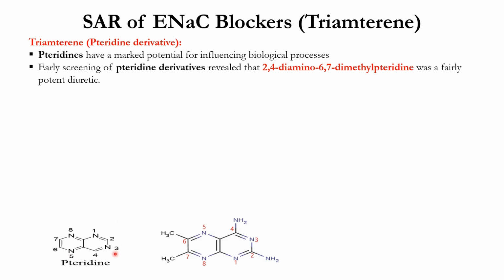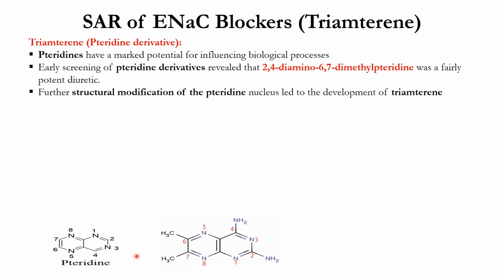Before obtaining triamterene, the molecule 2,4-diamino-6,7-dimethyl pteridine was made, and this molecule has a fairly potent diuretic activity. Further structural modifications of the pteridine nucleus led to the development of triamterene.